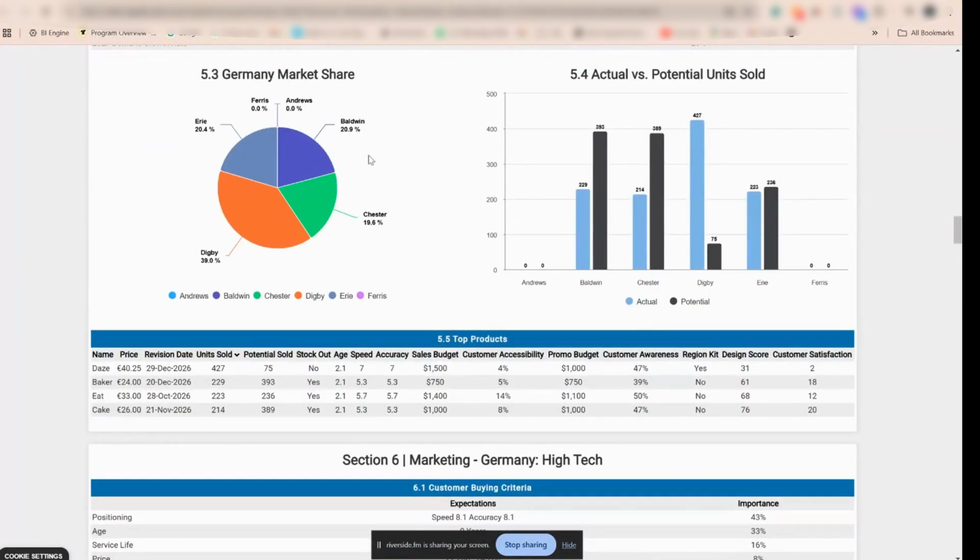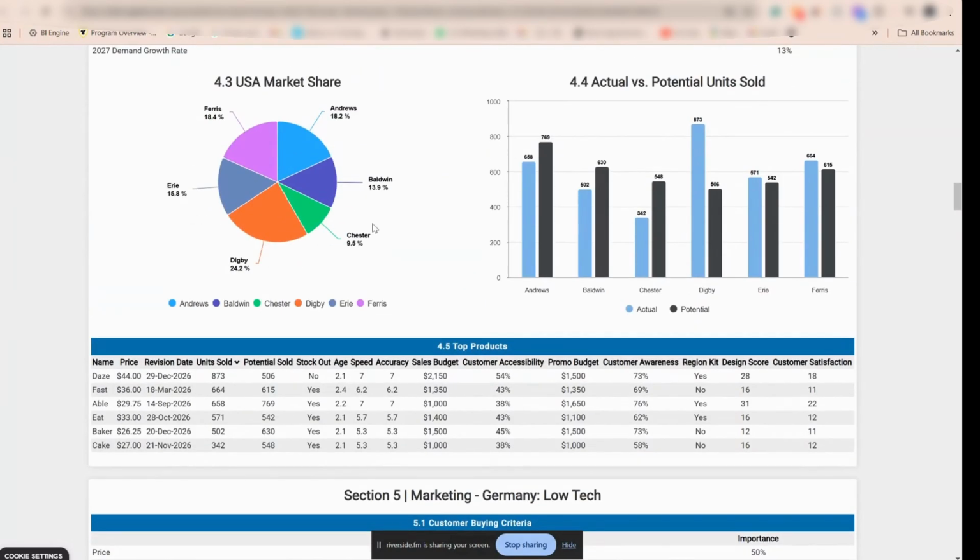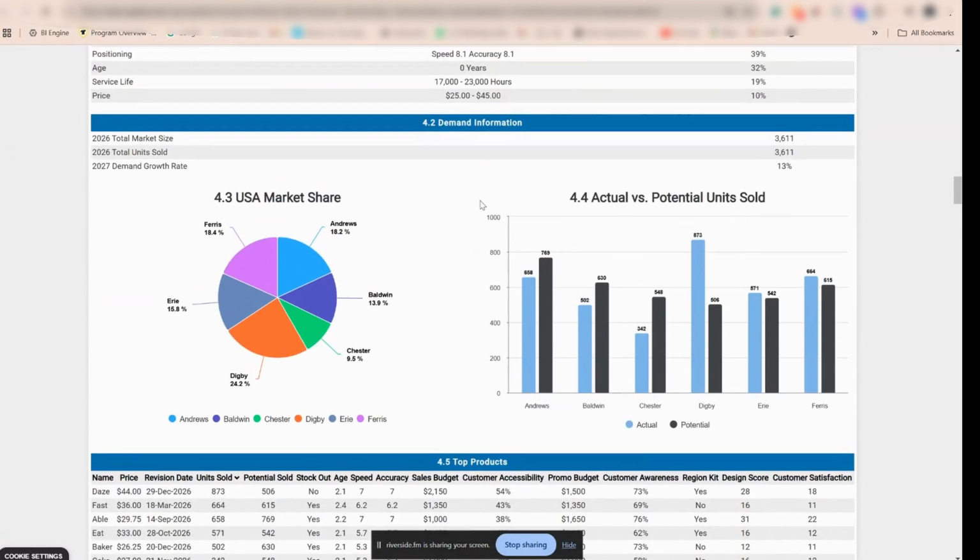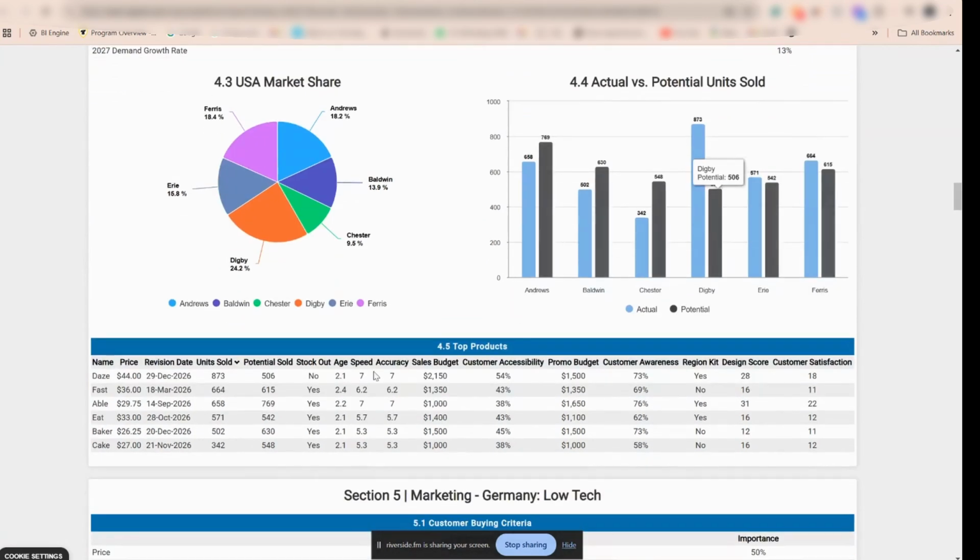So in the US market, we look at it closely. It says we're going to sell 1.6. We don't want to stretch it too far, right?